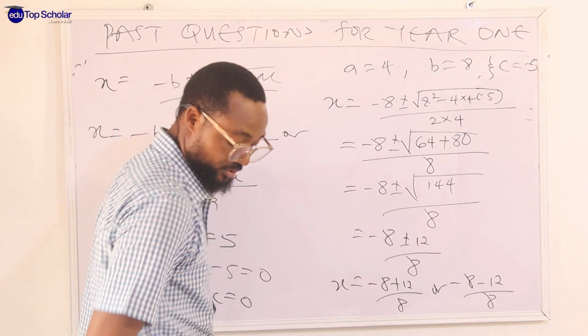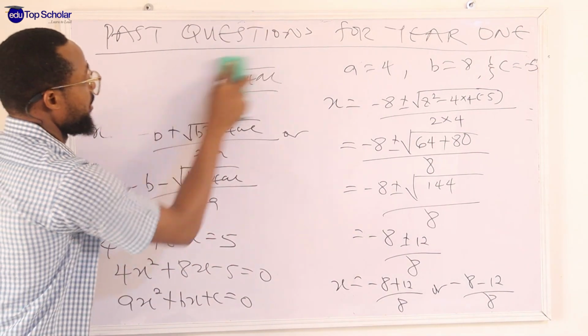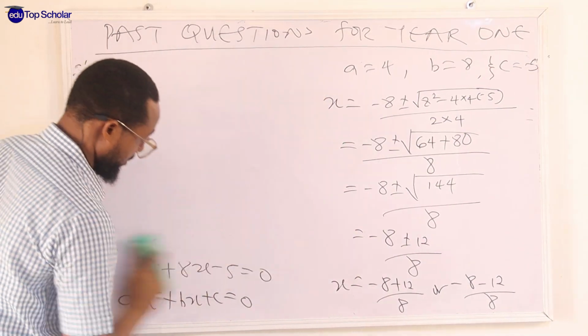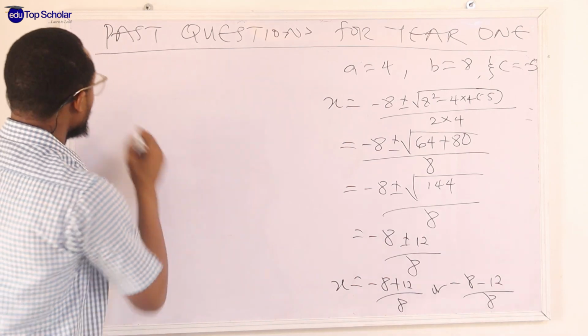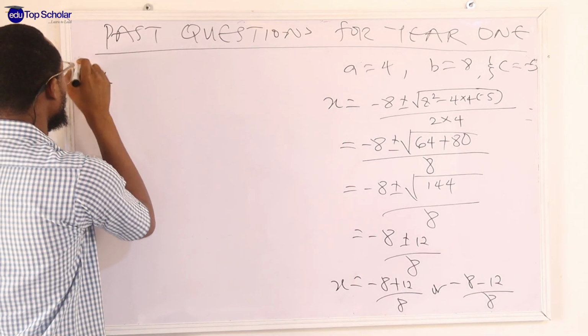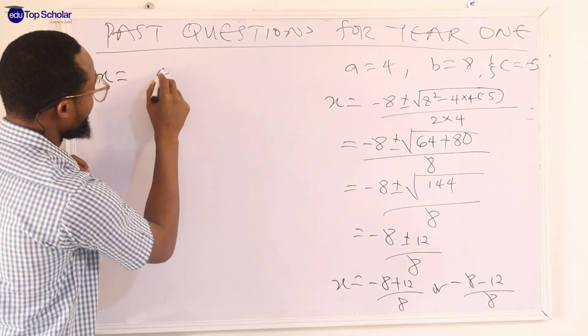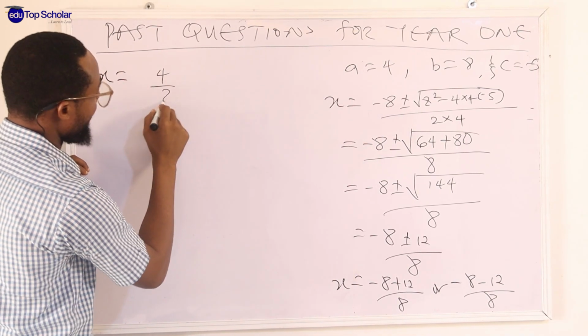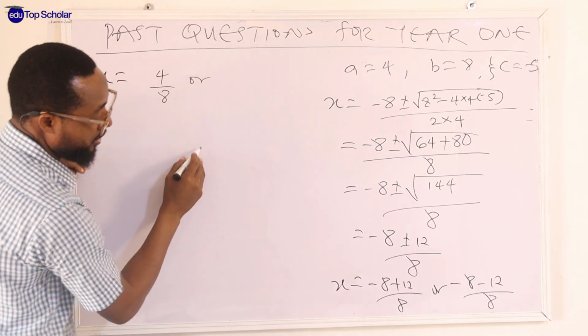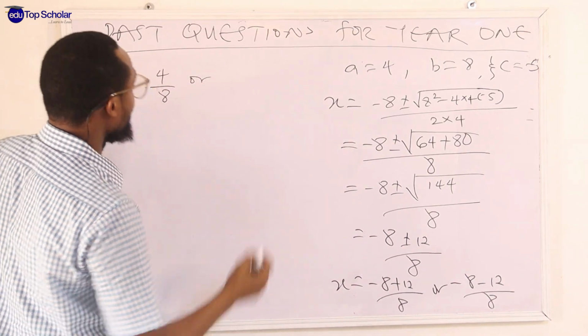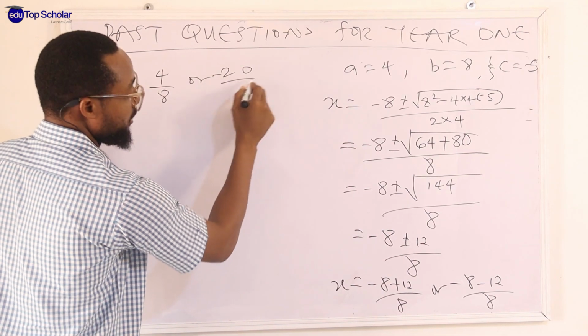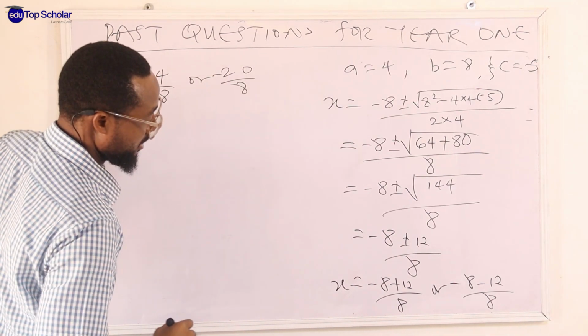And that will give us, therefore, x9 is equal to 4 over 8, or minus 8 minus 12, that will be minus 20 over 8.